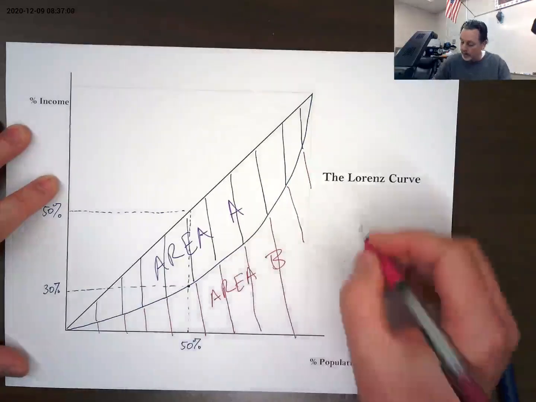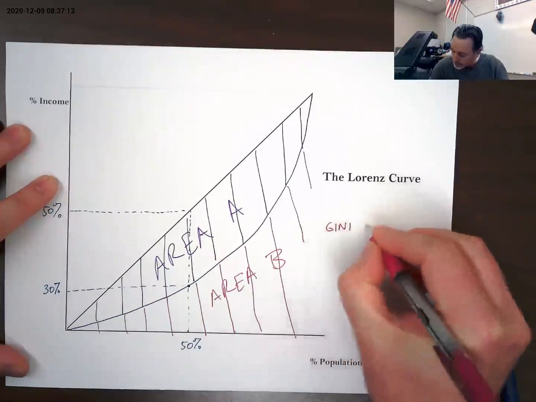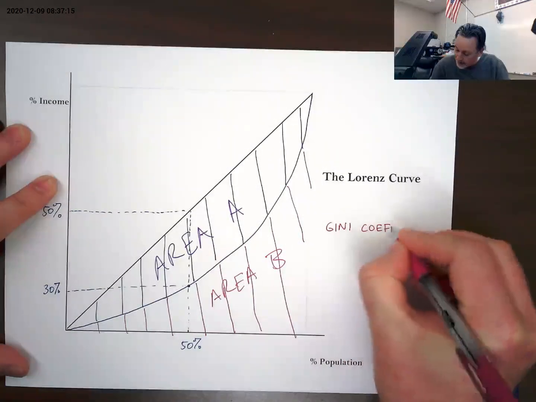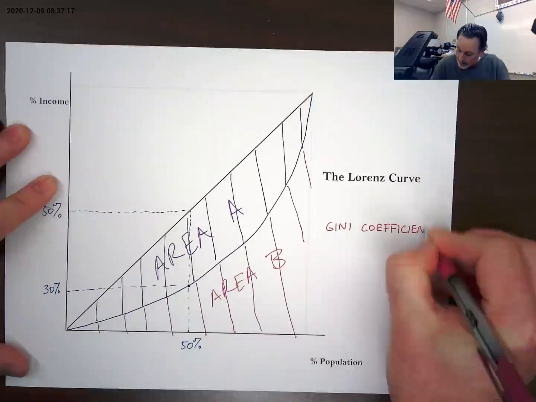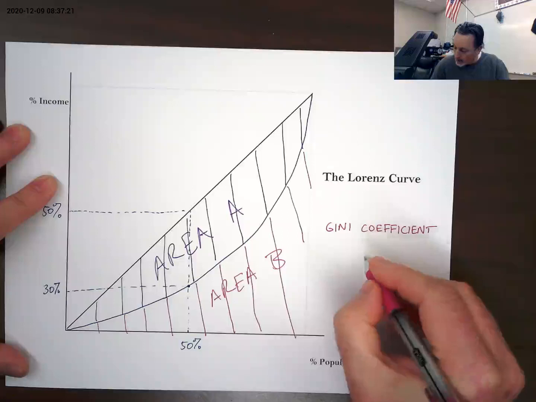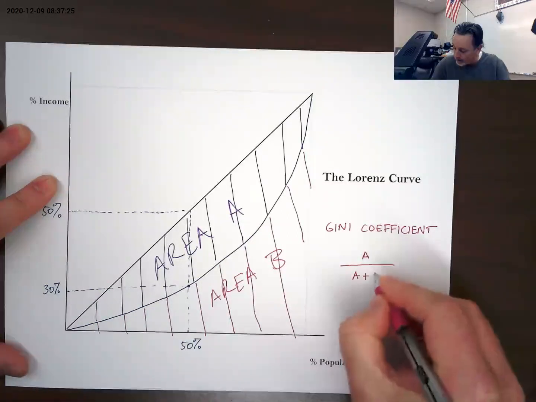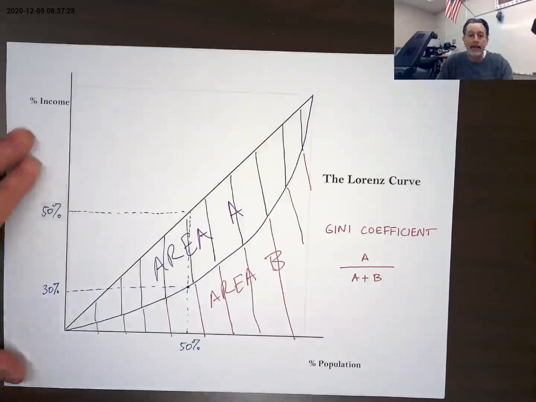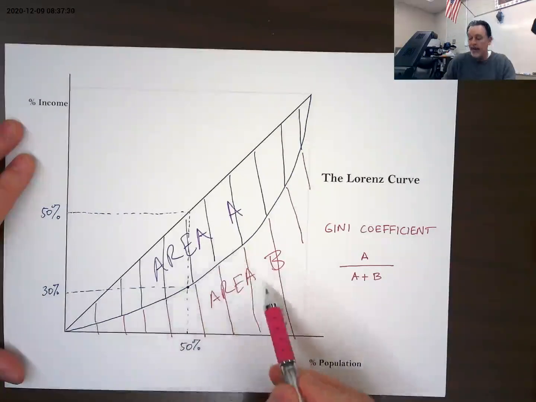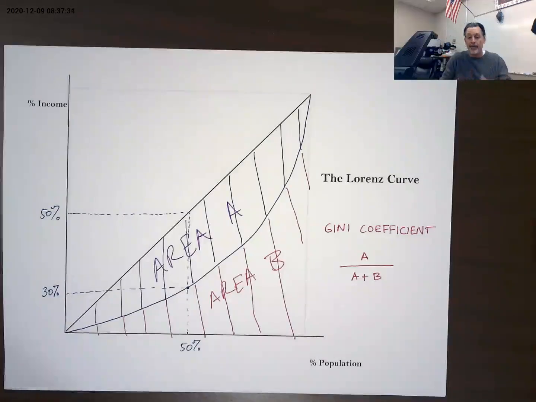So what we're going to do now is we're going to look at something called the Gini coefficient. And the Gini coefficient is a comparison, and so it's going to be a division. What we are comparing is the area of A compared to the area of A plus B. So the size of A relative to the size of the entire thing is called the Gini coefficient.